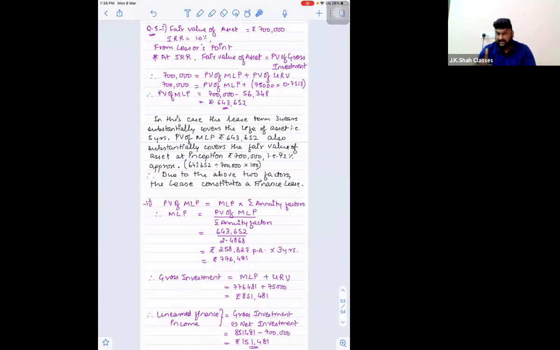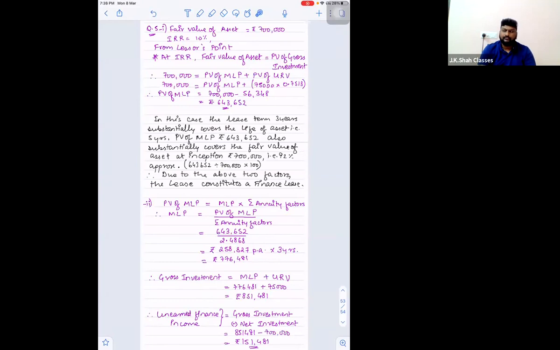If this were the only lease, and the lessor was not going to lease it to anybody else, then he would charge more. He's charging less because he is clear that for 5 years he will give it to you, and after that he will give it to somebody else, because the asset will have a life greater than 5 years for sure. Okay, sir. Understood.